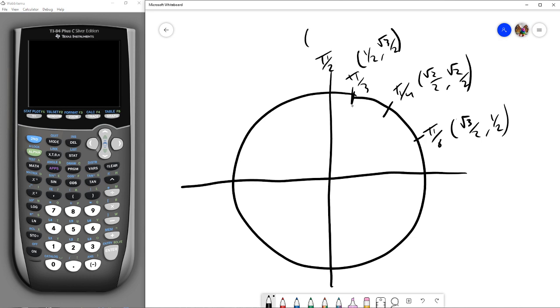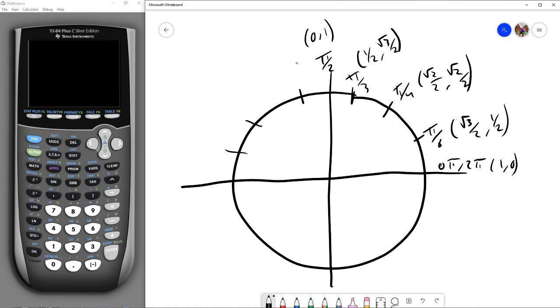So I'm going to start filling out our unit circle. So we got here 0, pi, comma 2 pi, and it's just 1, 0. And then if we think about our pi over 4 for a moment, if you take pi over 4 and add pi over 4, that gives you pi over 2.